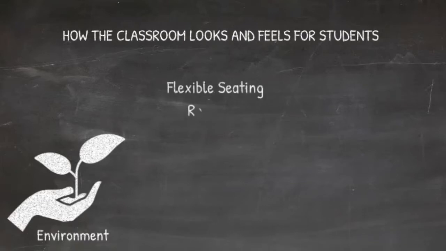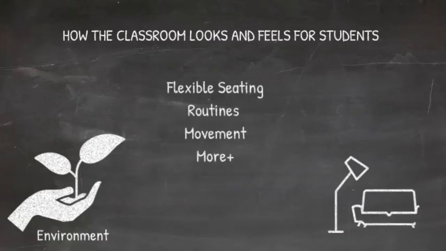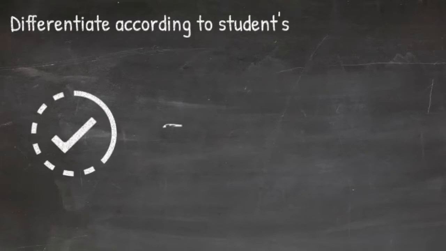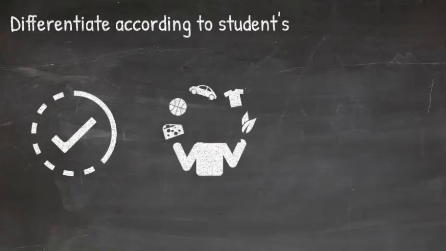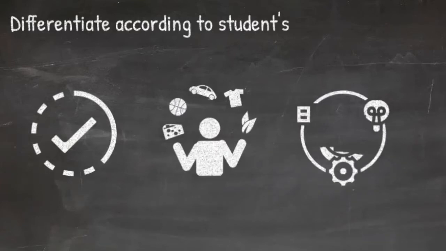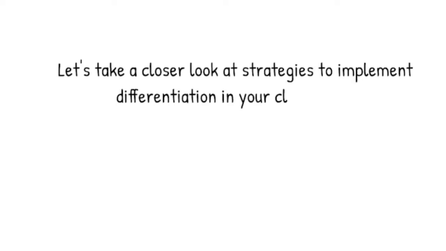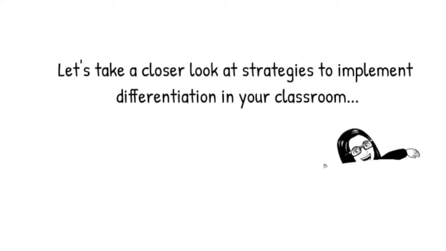This could be flexible seating, routines, and movement. As you're differentiating, you'll want to think according to students' readiness, interests, and their learning profile. Now, let's take a closer look at strategies to implement differentiation in your classroom.